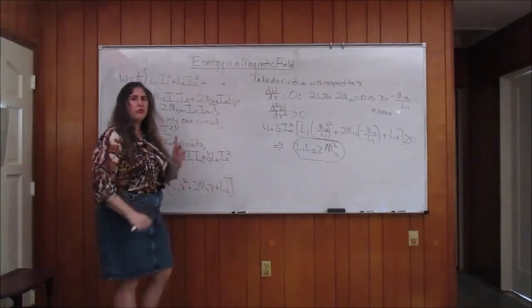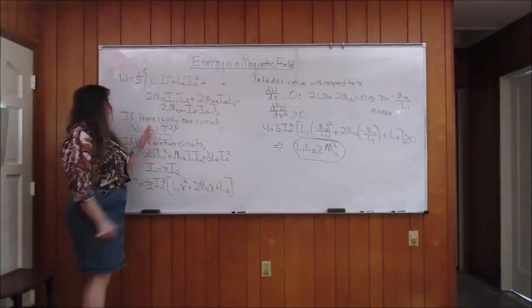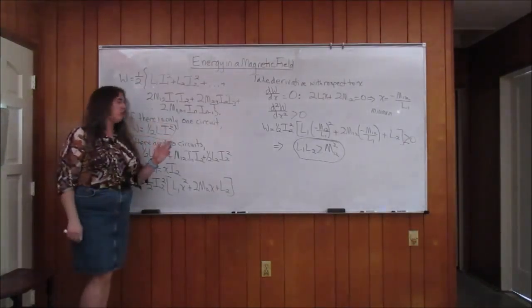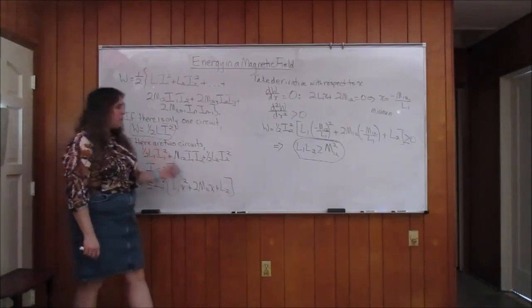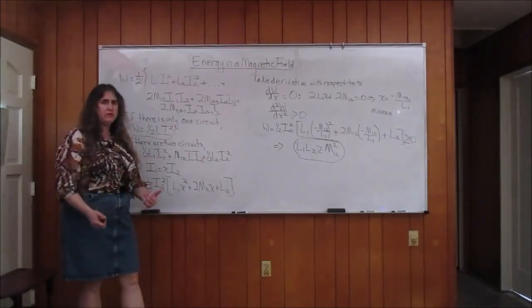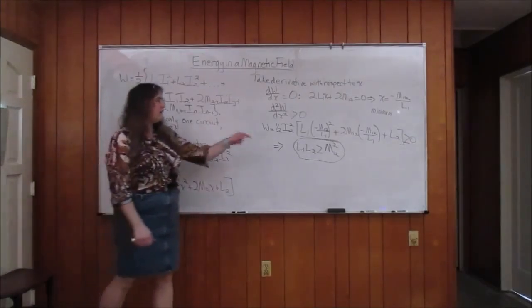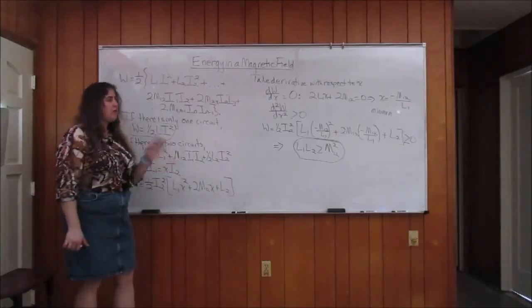So we come up with two expressions here. Number one is one for the energy. In particular, if we've got one specific circuit, then that's just 1/2 times the self-inductance of that circuit times current squared. And then we also have this relation between the self-inductances of the individual circuits and the mutual inductance between them. Okay? Let's move on and derive a different expression for the energy, a little bit different way.